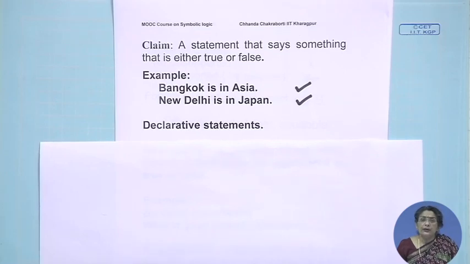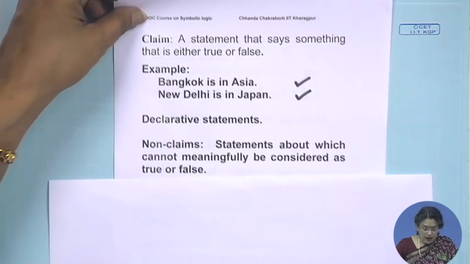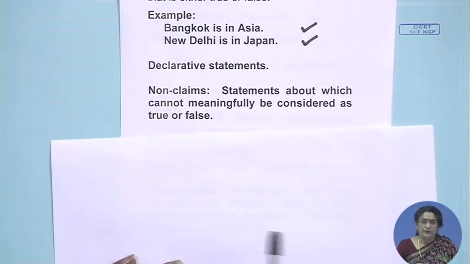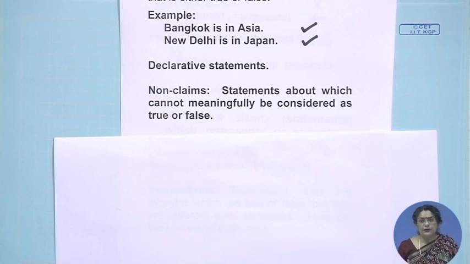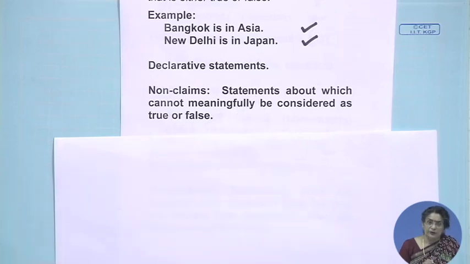So, what are the non-claims, or statements which are not claims? Let me give you examples also. Non-claims are statements. Remember, they are also statements, except that they are statements about which we cannot meaningfully use the terms true or false. So, they are statements first of all, but they are not the kind of statements about which we can meaningfully attribute these adjectives called true, false and so on.